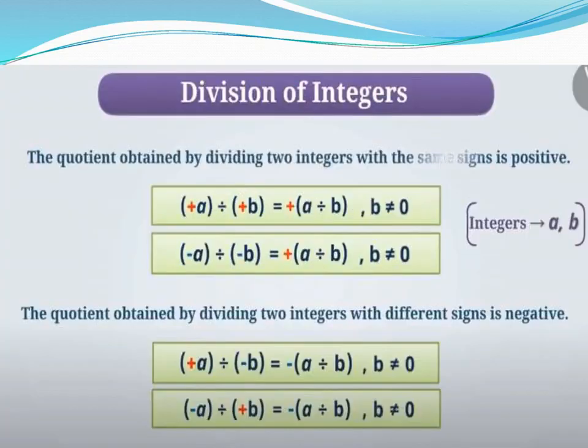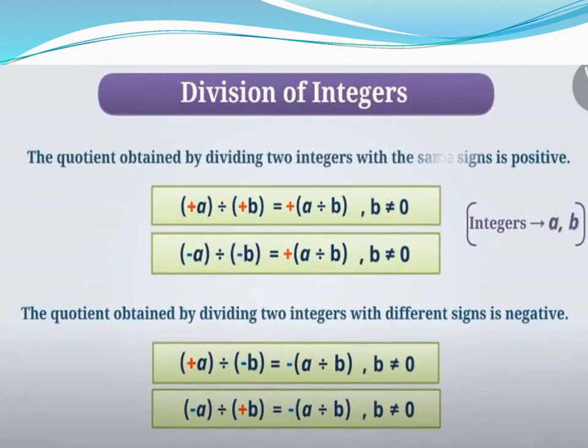The quotient obtained by dividing two integers with the same sign is positive. Suppose you take two positive integers and divide one by the other, the resulting quotient is also positive.